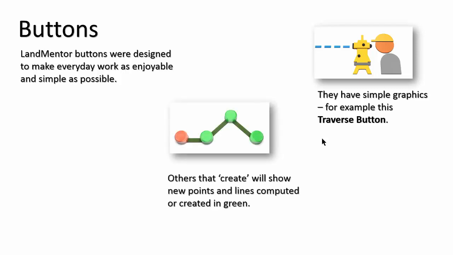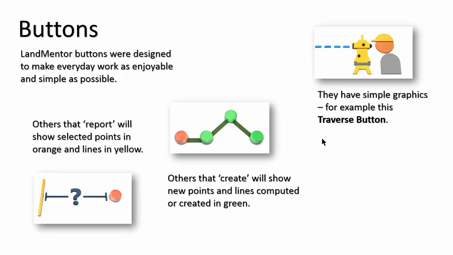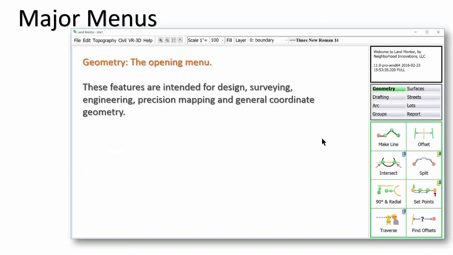Others will show you how new points are created. So for example, green is a new point, orange is a point you've snapped to. Others will report how selective points relate to others. So what's the distance between this line you snap to and this point?